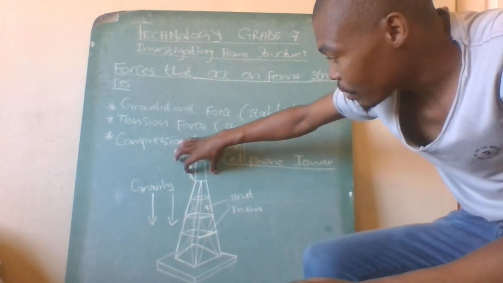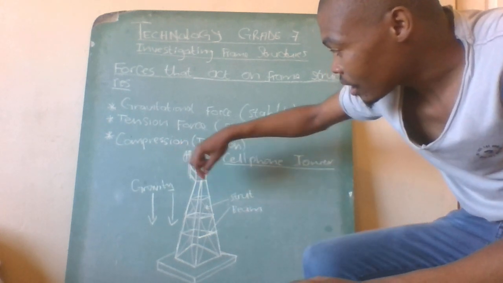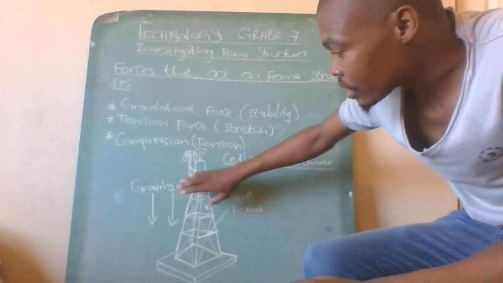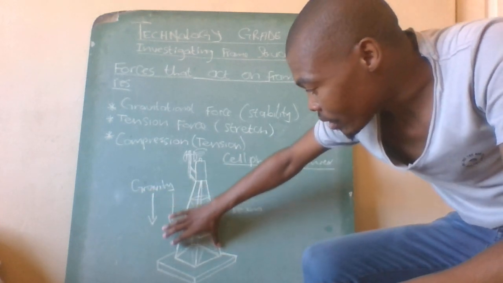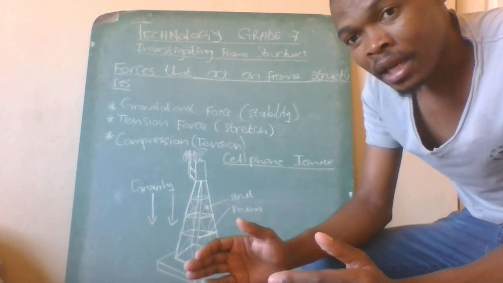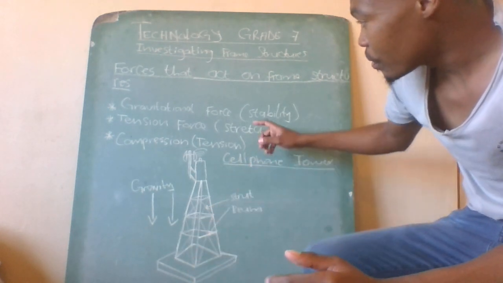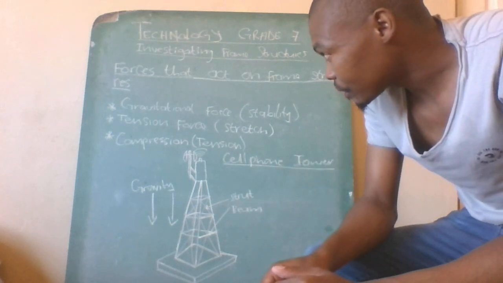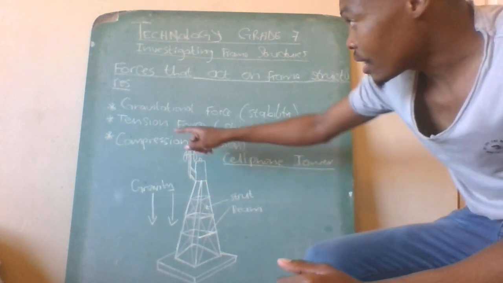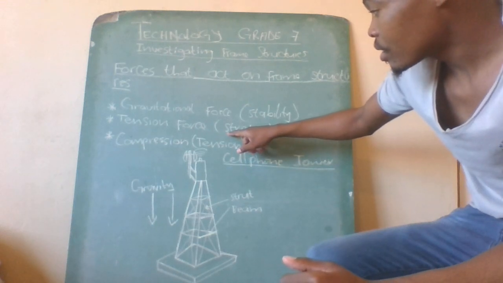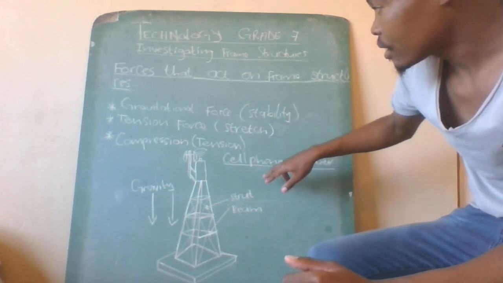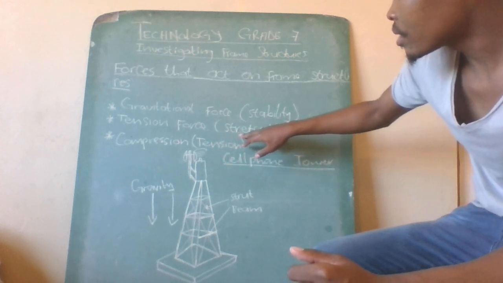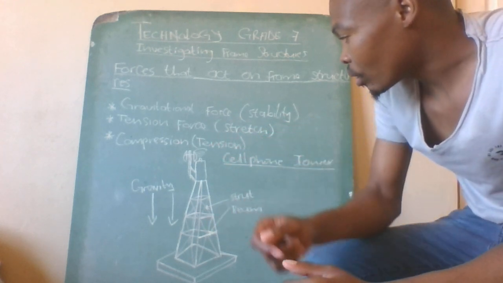This will help the structure to resist any kind of force that comes and pushes it down, because the base of that structure is wide enough to keep the stability of that kind of a structure. So that tension force helps to stretch the object.